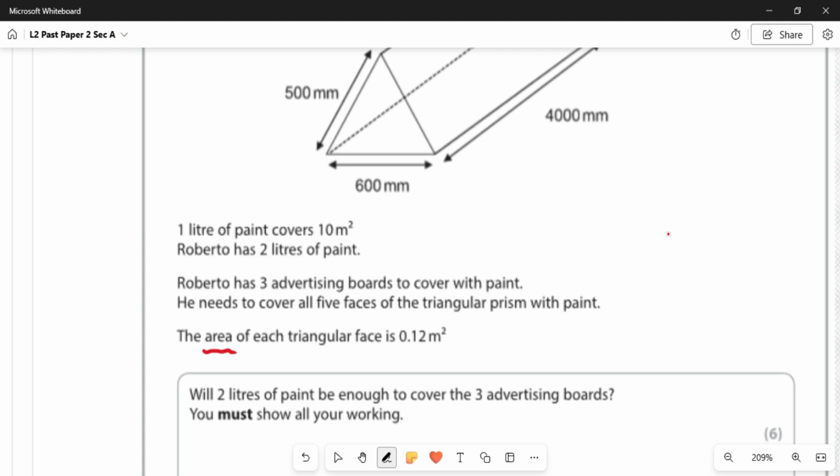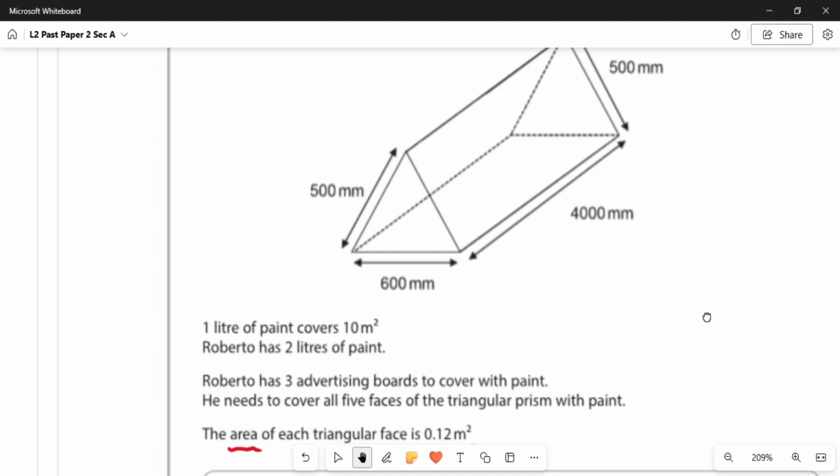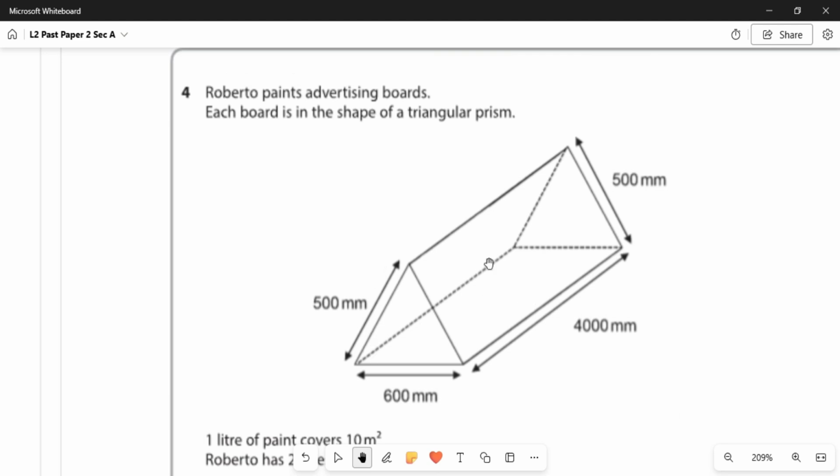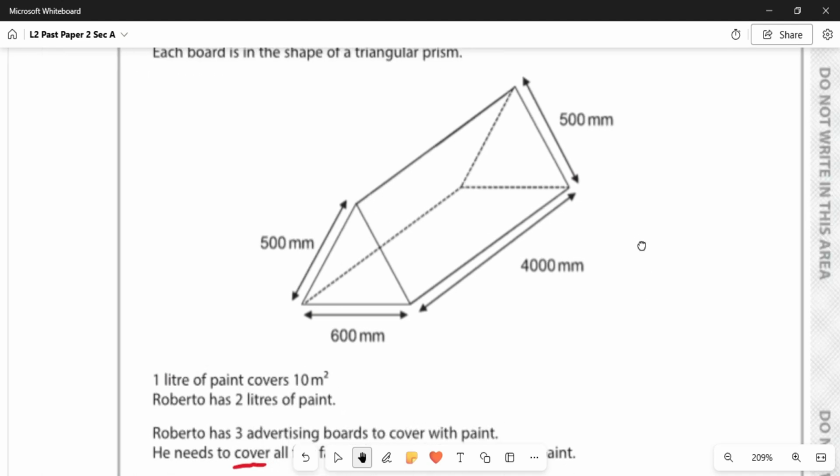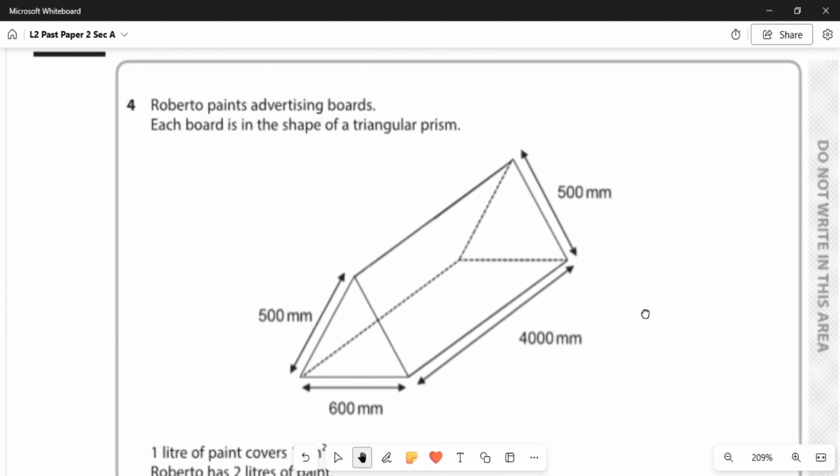And they're talking about meters squared as well. So if you imagine, he's going to cover this, it even says in the question, he's going to cover the 5 faces. So he's going to paint on the outside. So that face there, the back triangle, all of these faces. So you got 1, 2, 3, 4, 5. You do have 5 faces for each triangular prism.